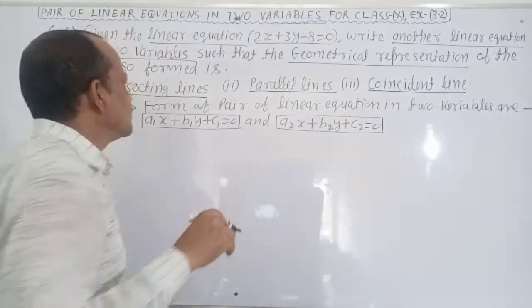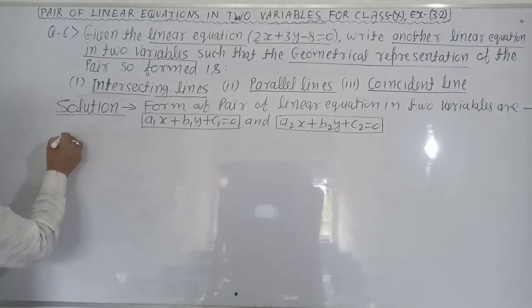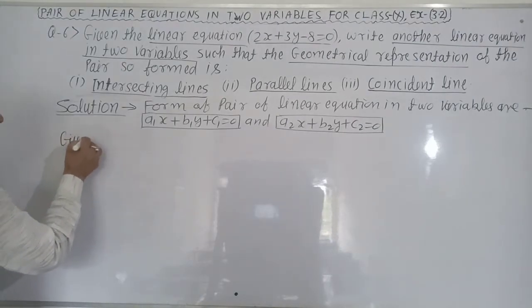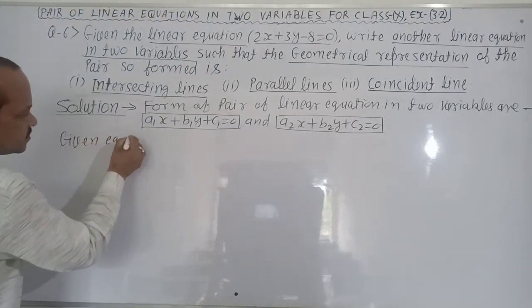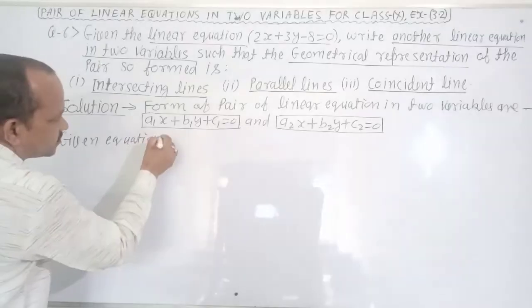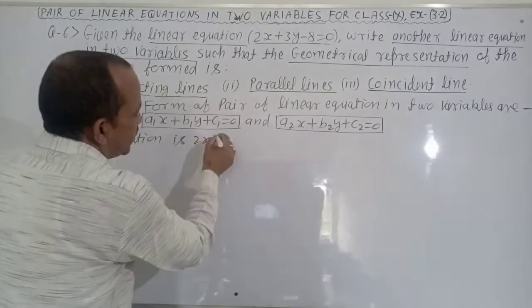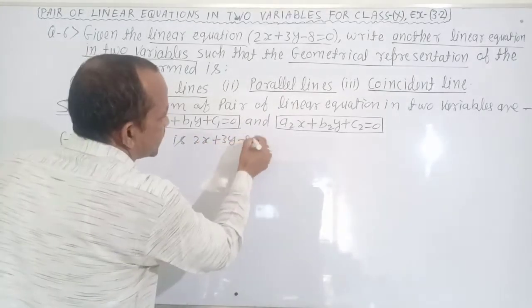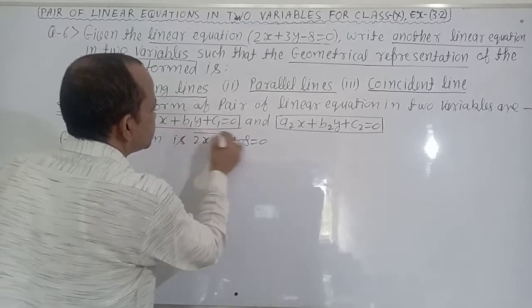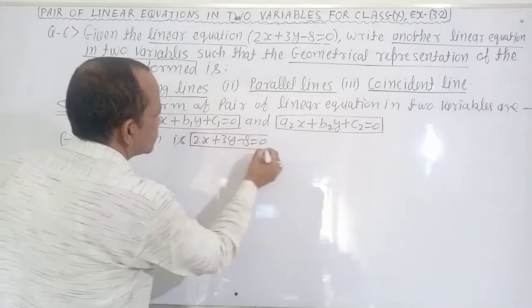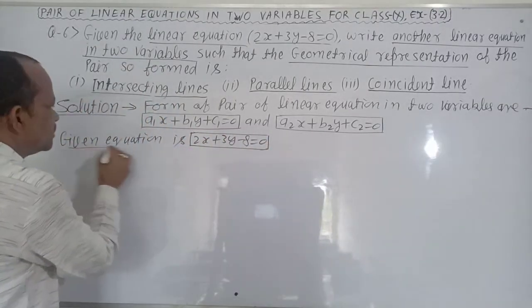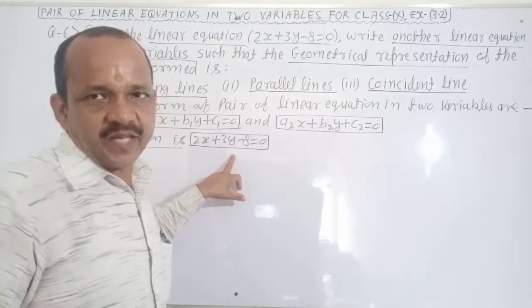Very good. Given equation is 2x plus 3y minus 8 equal to 0. It is the given equation.